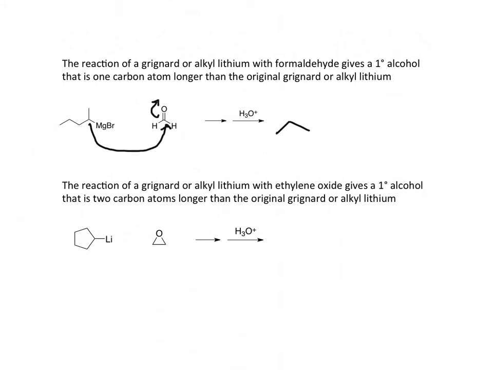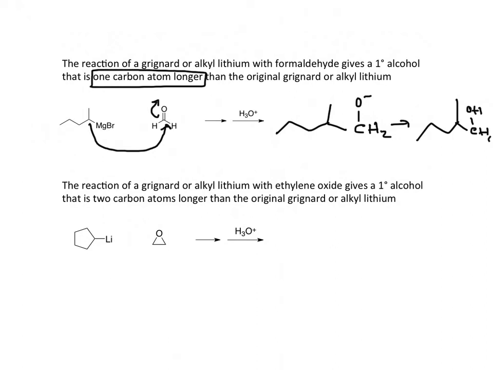I will have a C, 2 H's, and an O-. And then when I protonate, there's my Grignard part, and I have C, OH, H2. I've got a primary alcohol, and I have just added 1 carbon atom. So it makes it 1 carbon atom longer than the original Grignard or alkyllithium.